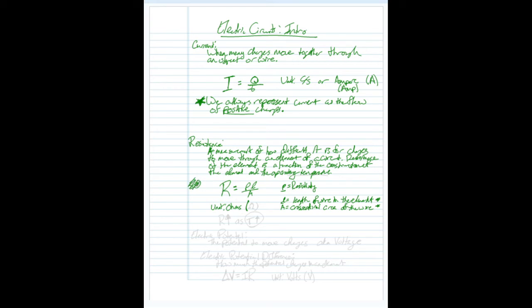We want 5 ohms to be obvious. So we're going to use the Greek letter omega. We've already used the Greek letter omega. The lowercase omega looks like a W, and we've used that for angular velocity. But the capital letter omega looks like this horseshoe. That's our unit for resistance.